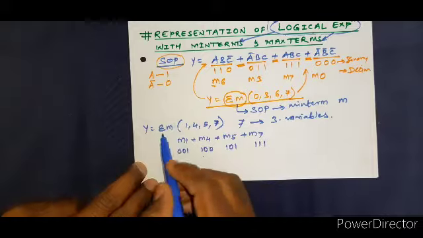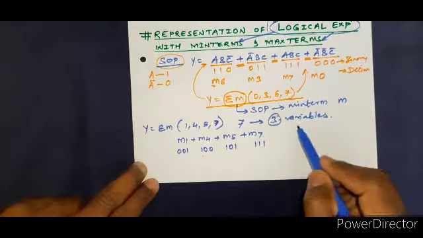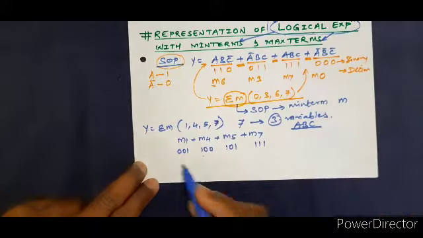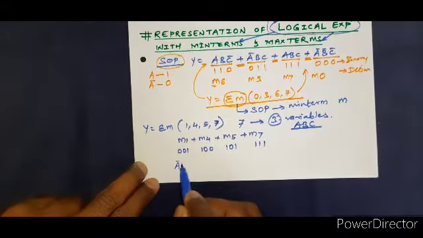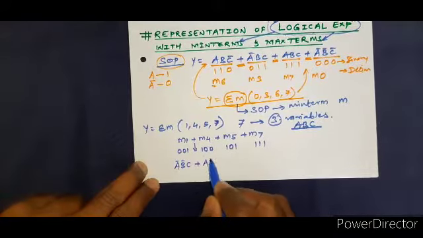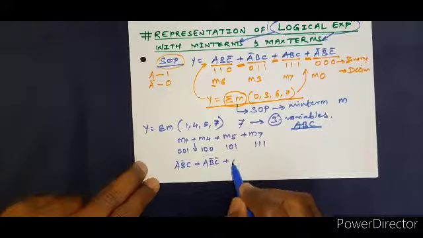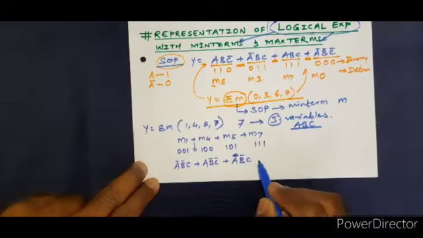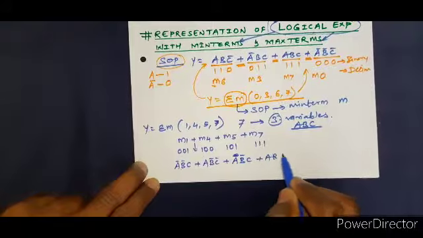Since it is 3 variables, we have a, b, c. So this is a bar b bar c, plus, since it is summation, a b bar c bar, plus a b bar c, plus a b c.